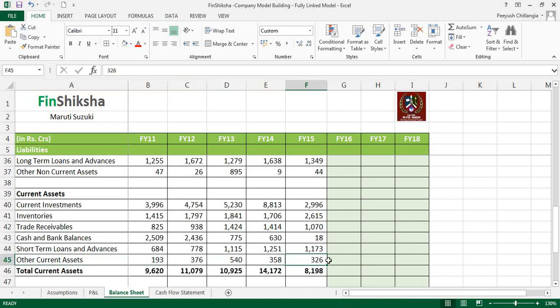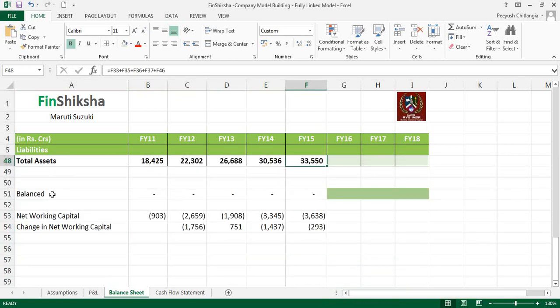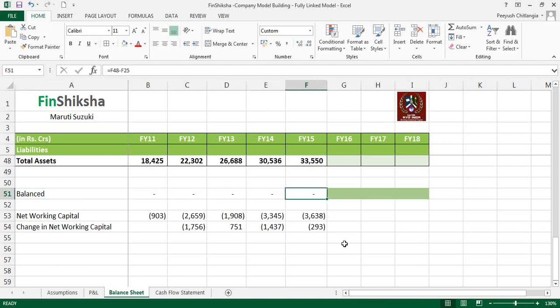So, for example, you could have paid your supplier in advance, right? So those data points come in, and then you get the balanced balance sheet. The balanced data point gives you that the assets minus liabilities number is the same. And this is what will tell us whether the balance sheet is balanced. So when we do project the future numbers, it is important for us to understand where does this come from, right? And how does the balance sheet balance? This is the check number that we will have in our case.